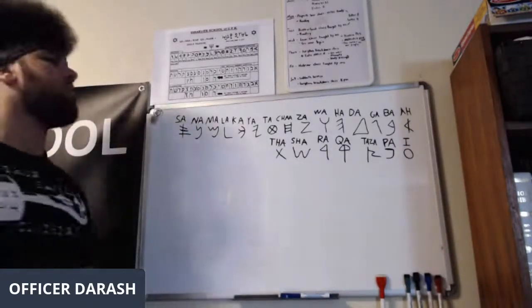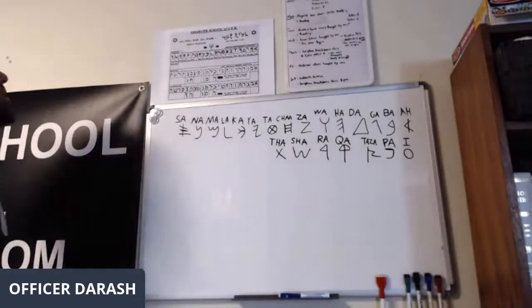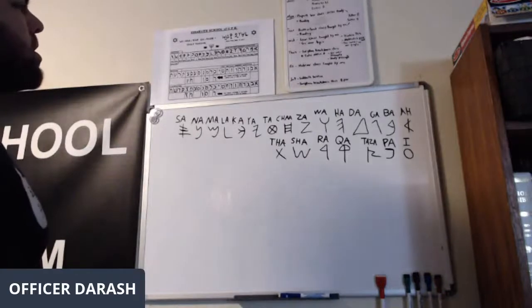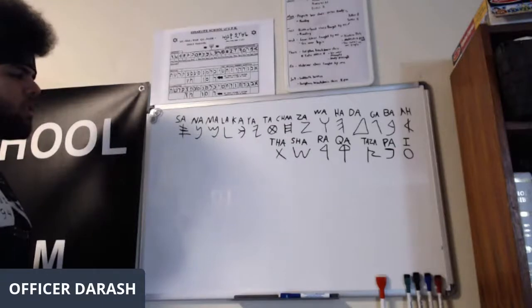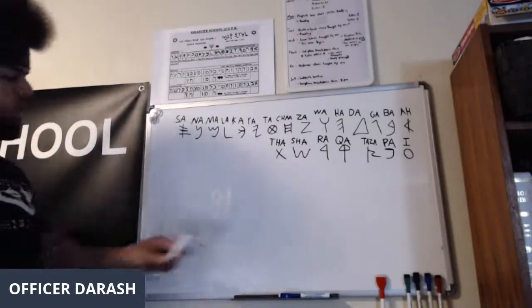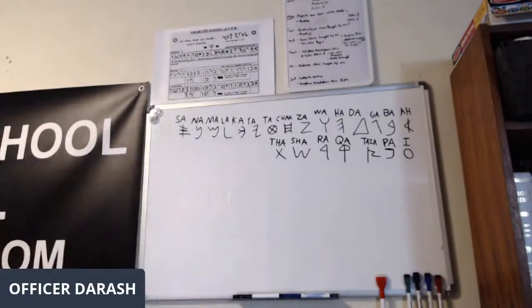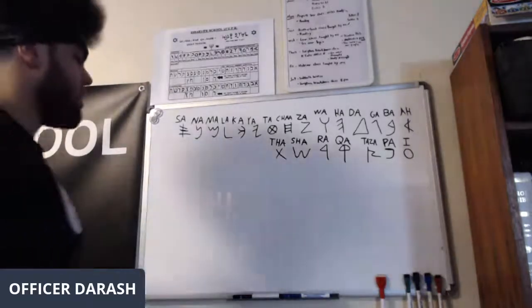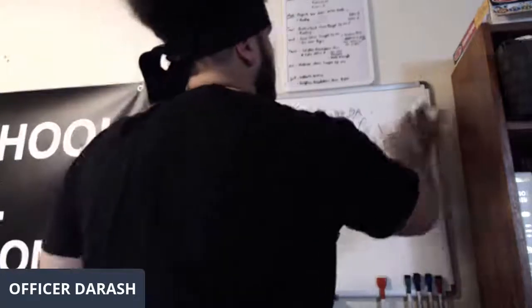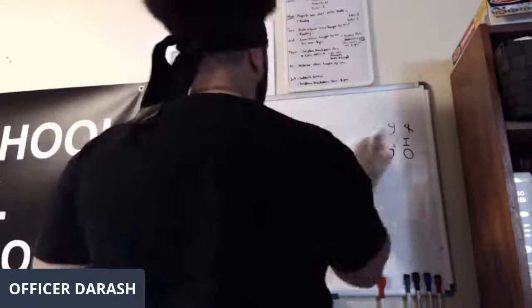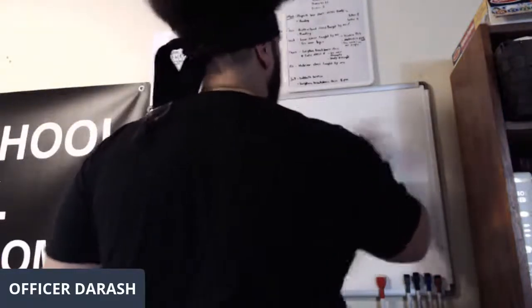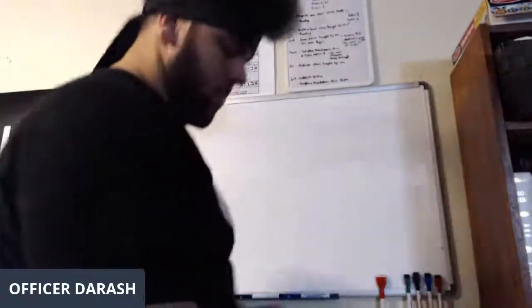All right. So now we're going to go over it in the Assyrian and get the characters. Get familiar with the Assyrian, or the bastard tongue.